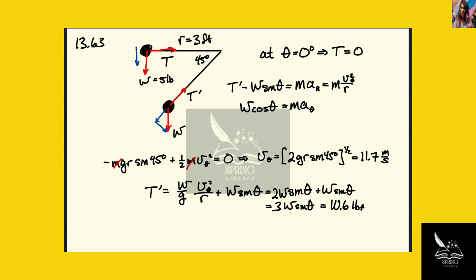So what do they ask us for? What is the tension when the bob reaches 45 degrees? Okay, so down here, or we could have said down here, either way it's going to have the same tension. So we draw a free body diagram of our bob, and we know that now the velocity vector is tangent to this point.